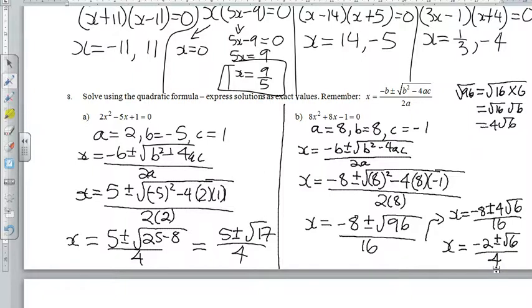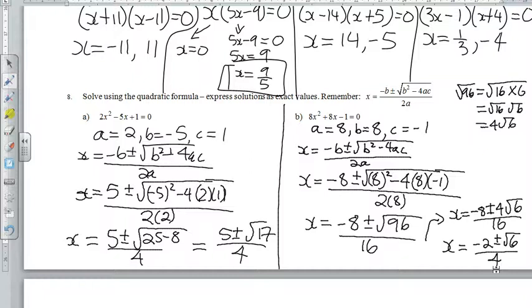Okay? Now, what they'll do is this. On a diploma, they might ask you, the solution to this can be written in the form negative a plus or minus square root b over c, and they'll ask you for the values of a, b, and c as a numeric response. So the answer would be 2, 6, 4.